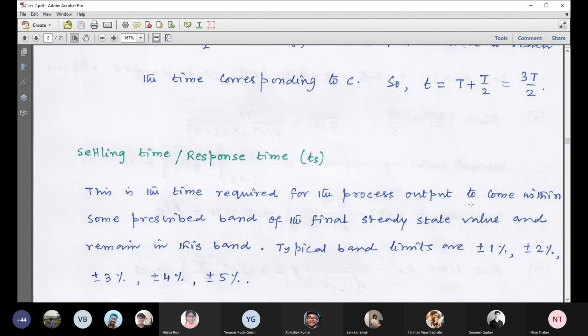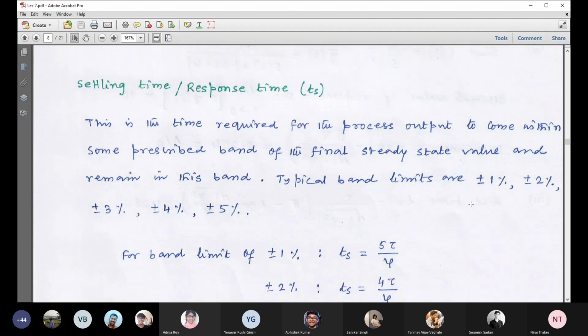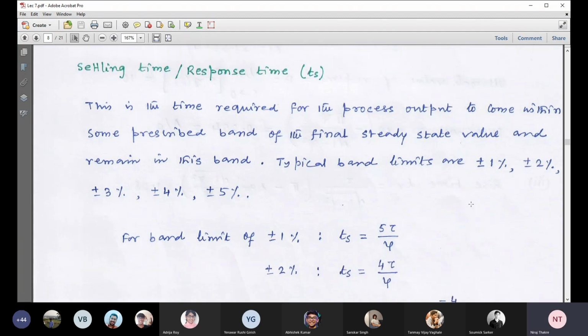So for a band limit of plus minus 1%, TS is 5 tau by zeta. But for 2%, it is like this.